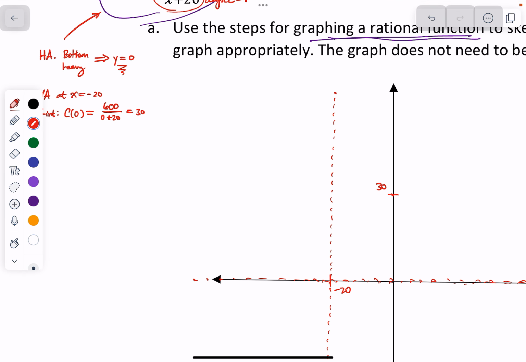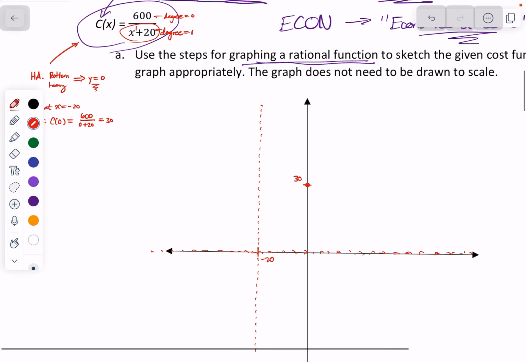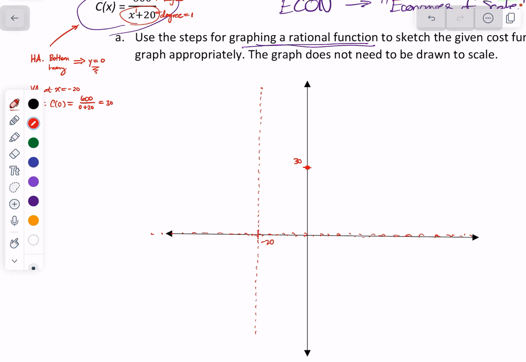Make sure you label it. This is where we start our graph. And if you know anything at this point about rational functions, we basically know what the shape is going to look like now. Because I have this point, I know I have a piece. It's going to do this, and it's going to be in that top right quadrant.